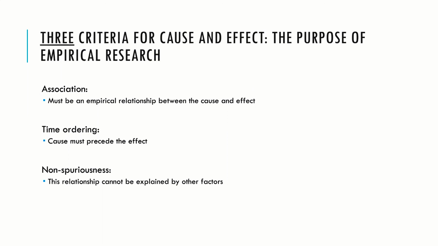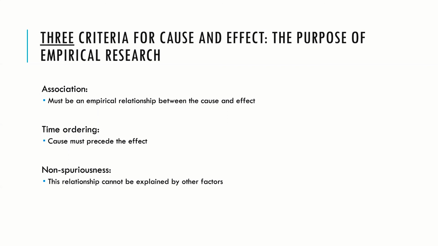So time ordering means the cause X must precede the effect Y. If you're saying education leads to a change in income, you must be measuring education in this year and measuring income two years later, or something like that. You can't say education causes a change in income but measure income before you measure education. How can it cause something that came before? So that's why time ordering is important.